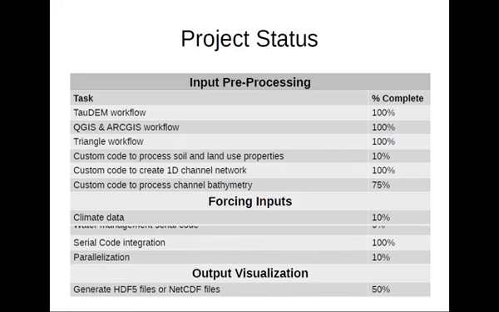The status of the project: a lot of the TOWDEM workflow stuff is pretty well in hand. Using TOWDEM and QGIS and ArcGIS and Triangle to produce our mesh, that's pretty well done. The code to process soil and land use properties, we haven't really started on that. It's not going to be that hard to take land use polygons and map them into our mesh.